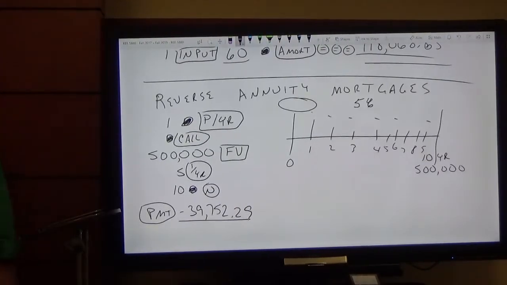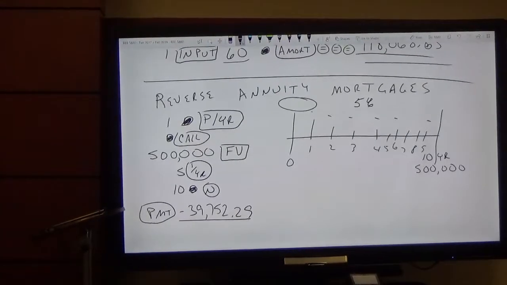Okay. So in essence, what this is saying is that I would receive payments of $39,752 at the beginning of each year for the next 10 years. Okay?